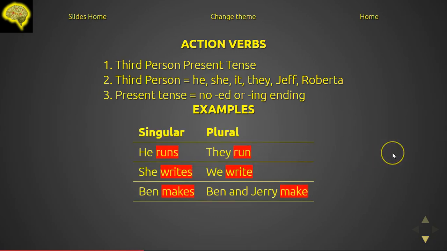He runs: he is the subject, runs is the verb. When it's a singular subject as in he, you'll notice that the verb has an S. So he runs, she writes, Ben makes, they run, we write, Ben and Jerry make.